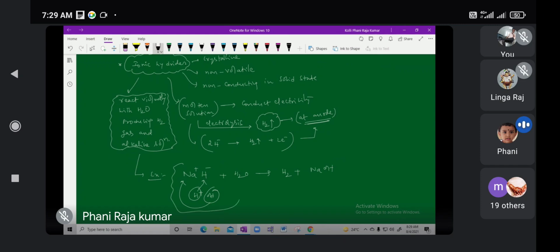So aqueous solutions of ionic hydrides are alkaline in nature, with liberation of hydrogen gas. That means these compounds act as a good hydrogen supplier. Hydrogen supplier means these ionic hydrides also act as reducing agents.